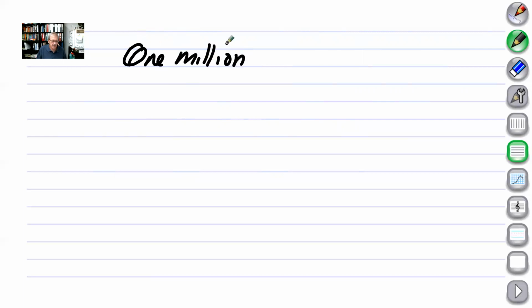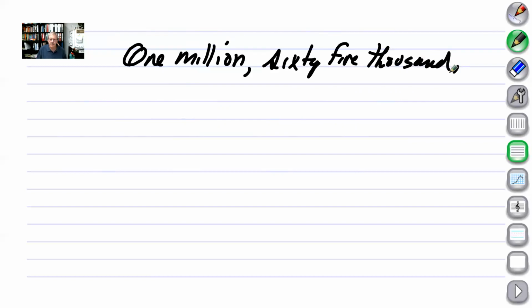You're excited, and you won 1,065,000 and $8. We usually don't put the word and in here because and really means a decimal point, so it should be $1,065,008.